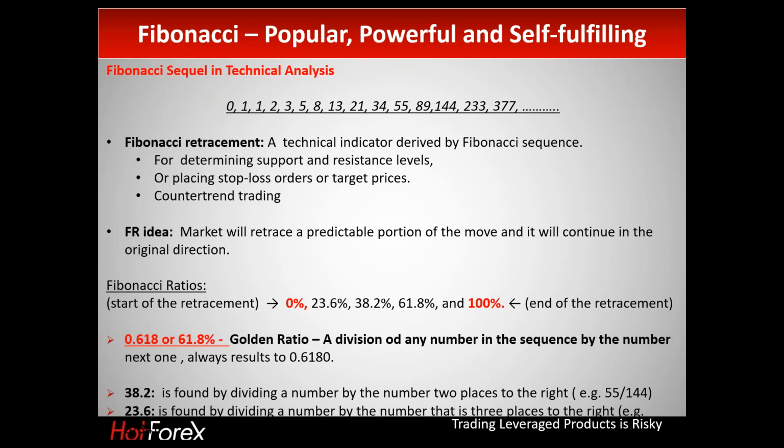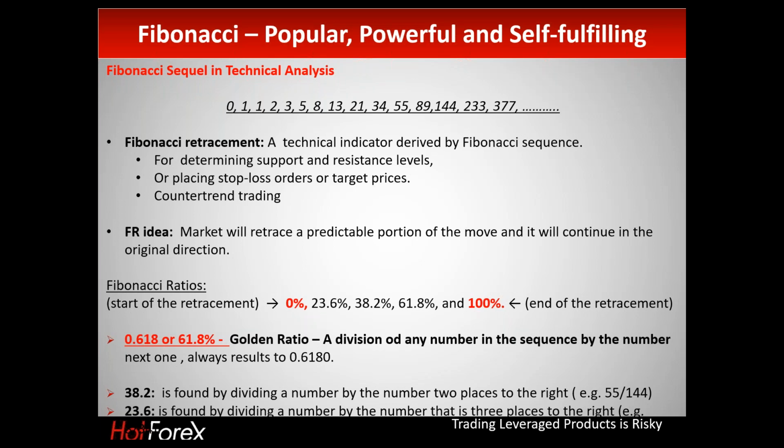Markets tend to retrace a part of the overall move before they continue in the original direction. And this is true because every action has a reaction, right? Every extreme move needs a bit of a correction and a bit of a pullback before it continues in the same direction. This is the idea behind the Fibonacci retracement.